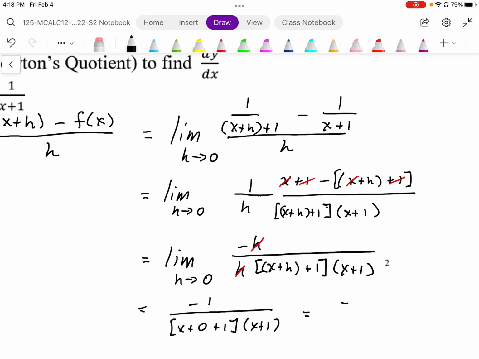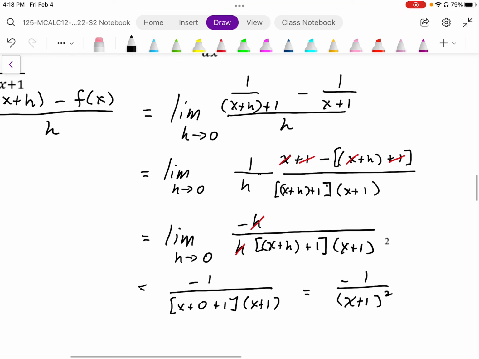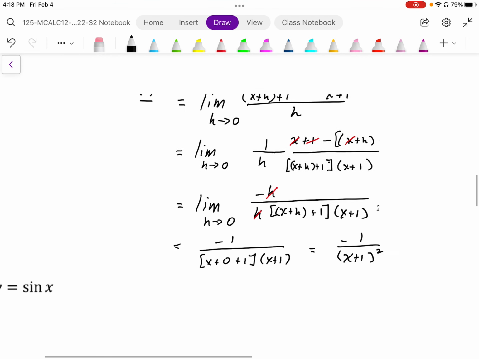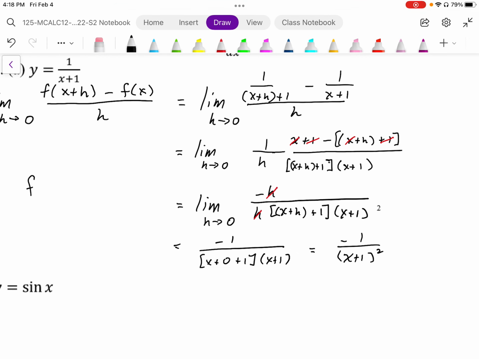Well, that simplifies to negative 1 over x plus 1 times x plus 1, or x plus 1 squared. So there is my limit. Okay, so this means that the derivative f prime of x must be negative 1 over x plus 1 squared.